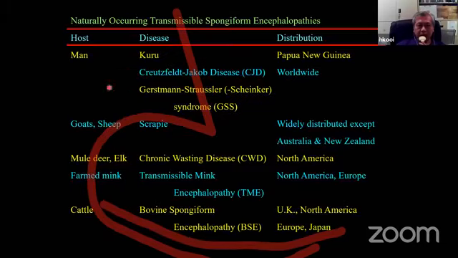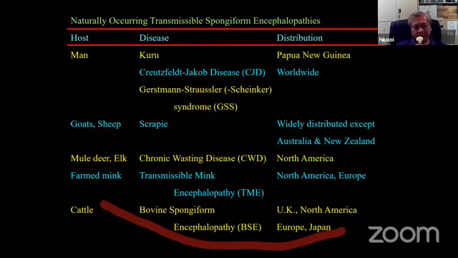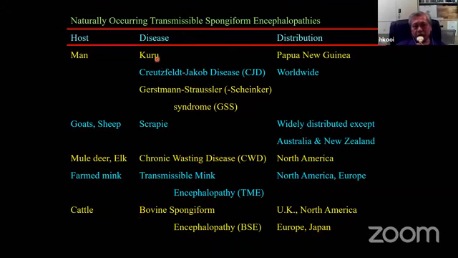Prions. So, what are the prions? Now we know all these prion diseases. In humans you have Kuru, Creutzfeldt-Jakob, and GSS, Gerstmann-Straussler. And in goats and sheep we have scrapie.